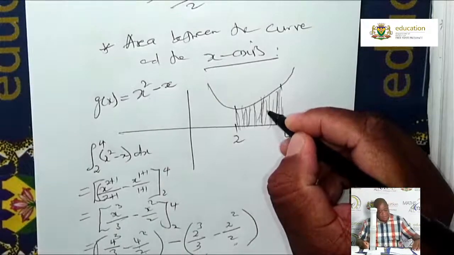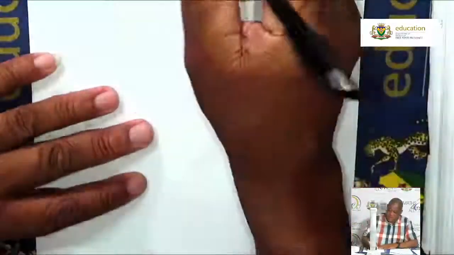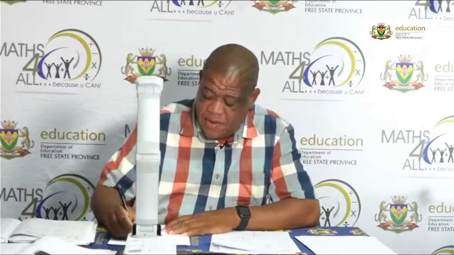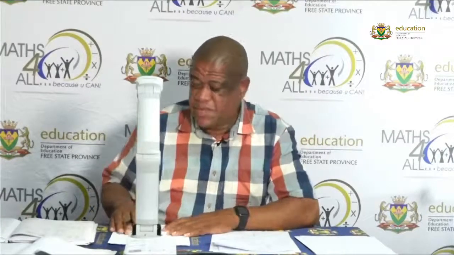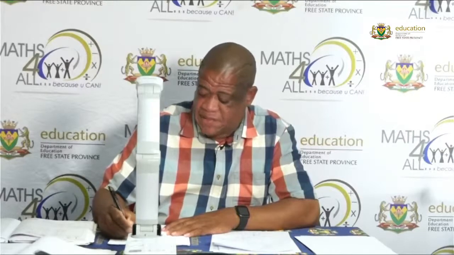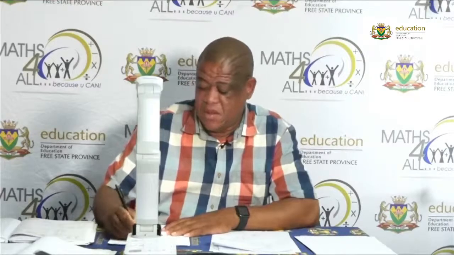But at some point, you may find a sketch like this one. This part is shaded, and this part is also shaded. Then we are given the equation of this, a cubic function, of course.